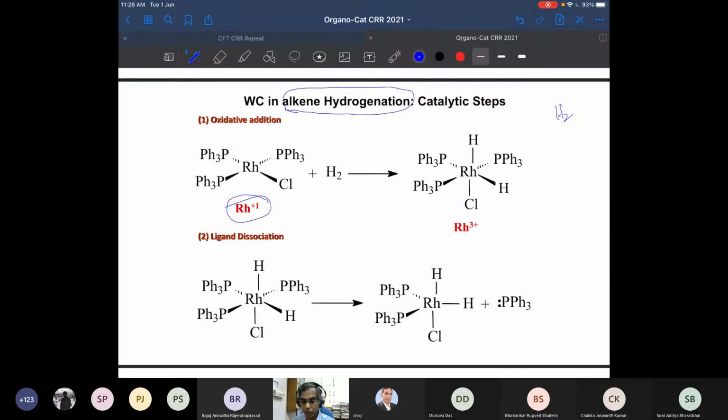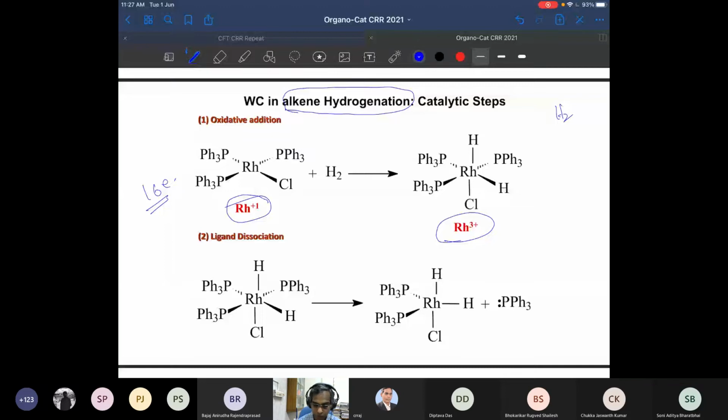Don't bother about the stereochemistry, your syllabus does not have stereochemistry, so we'll talk only about the actual concept. Your rhodium +1 is converted to rhodium +3. That's what we call oxidative addition, an increase in the oxidation state by 2 units. This is a 16 electron species, and that's why oxidative addition is possible.